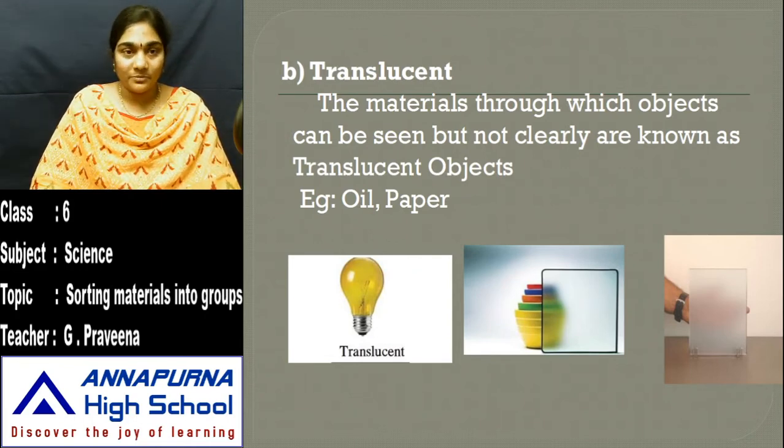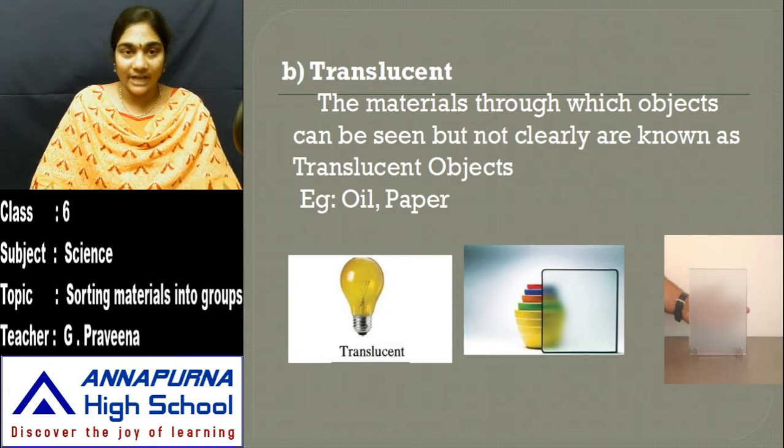Those objects through which things can be seen but not clearly are known as translucent objects. Even they allow light to pass through them, but we cannot see the materials clearly through that object.